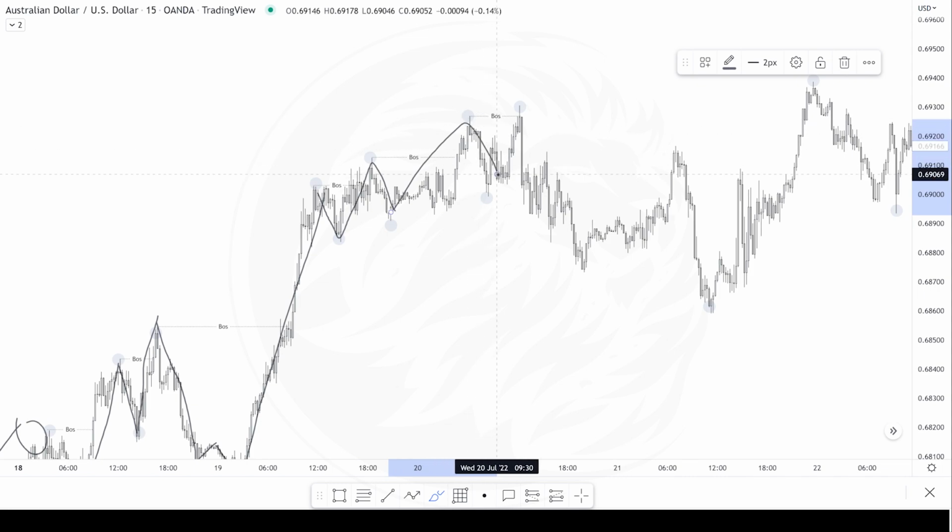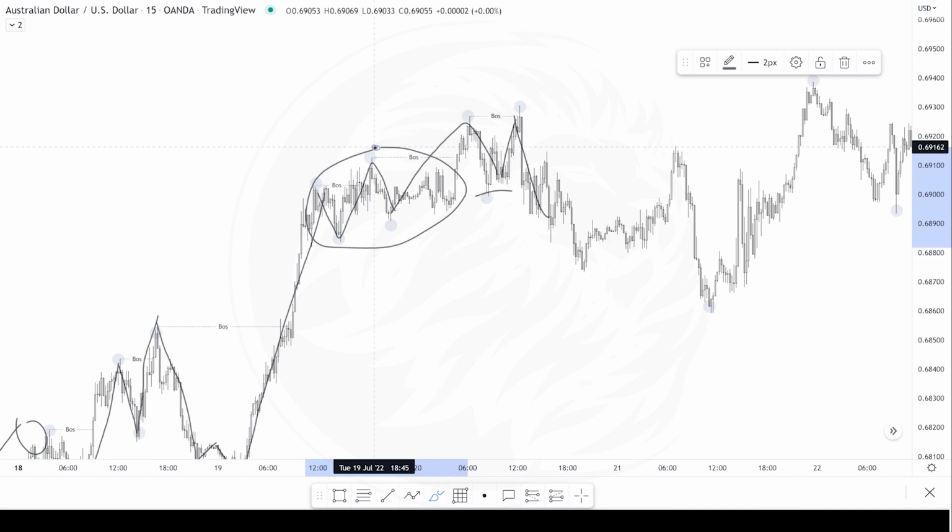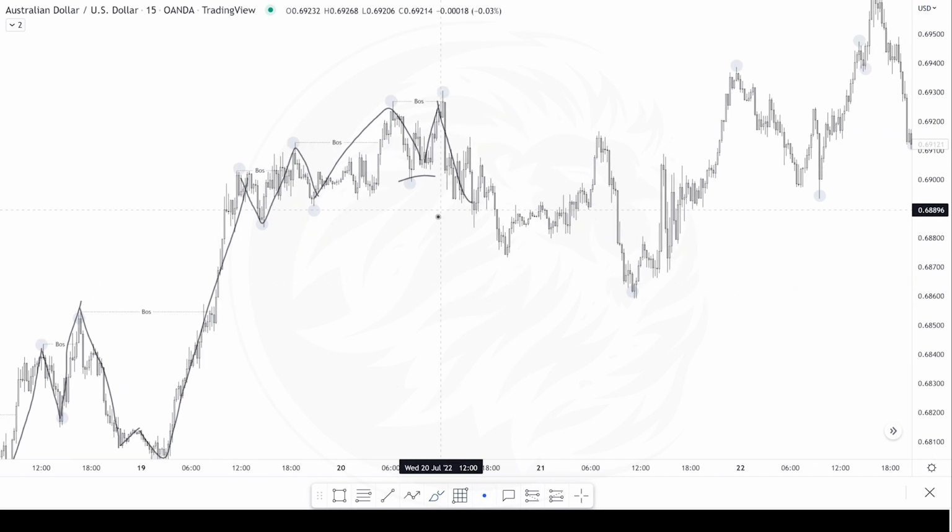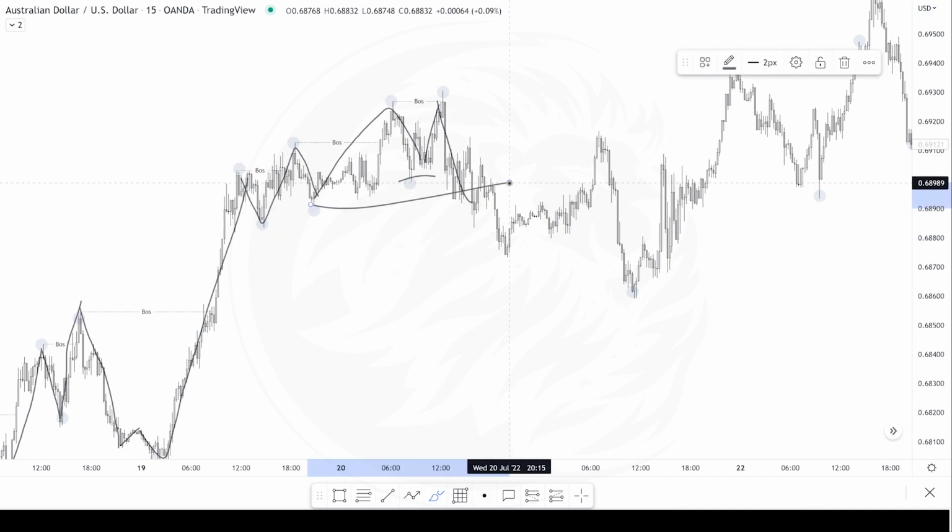Following the next chapter that you will see, you will be able to know that you will use this level for a change of character, but you will know that all of that will be used as liquidity and your structure will be below. But here we are not for that. You will see that in another chapter, but it's important because I don't mark my BOS here for this, so it's better to explain to you, and like that you are not lost in the video.